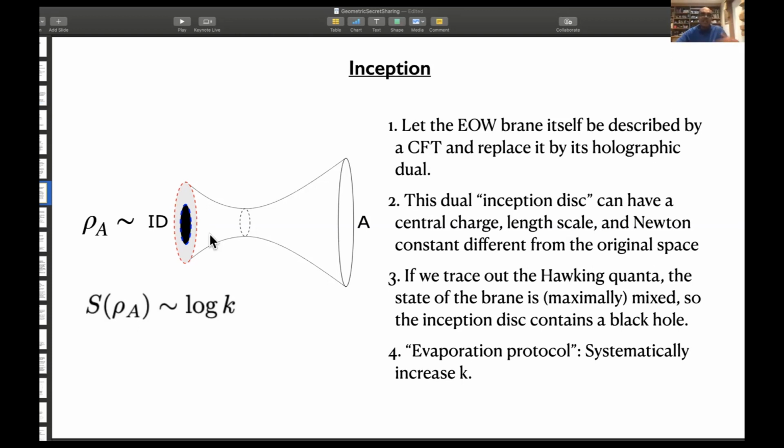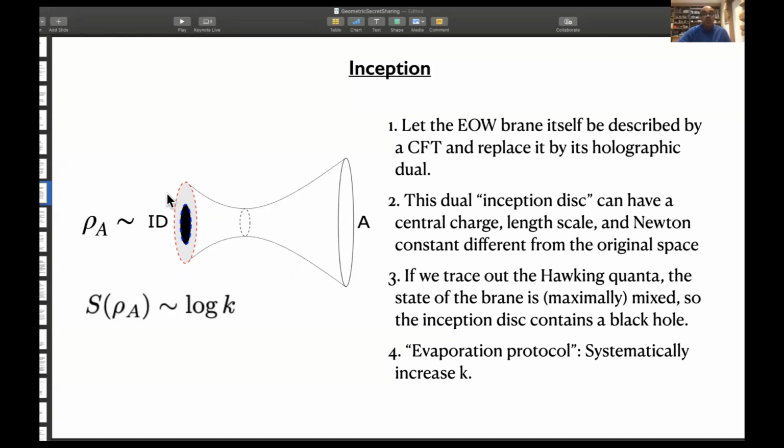One thing that's very nice about this setting is, since this end of the world brane is here also two-dimensional, its holographic dual is three-dimensional. So we can think about this three-dimensional inception geometry, as we call it, as continuing on from the real three-dimensional geometry. The real geometry of this part of the BTZ black hole is here. This is the equal time section, so it's two-dimensional. You imagine it continuing in some way through the end of the world brane into this inception disk.